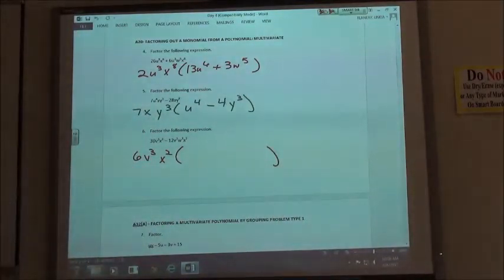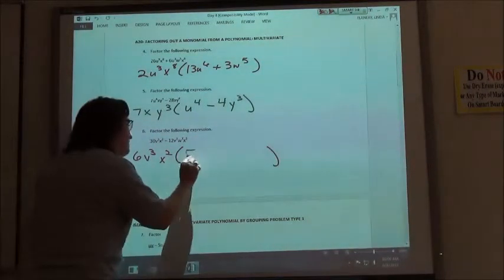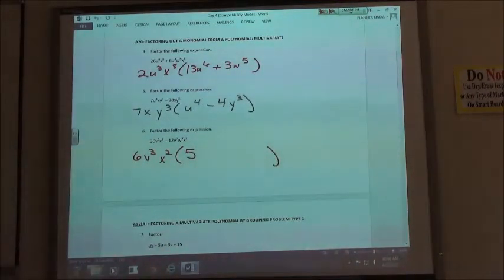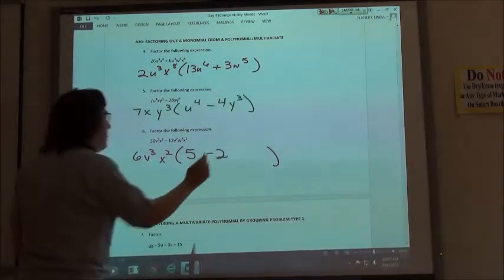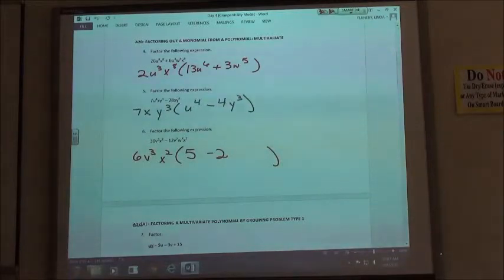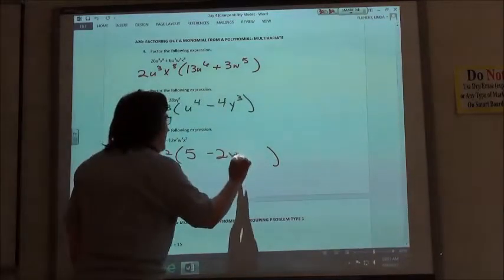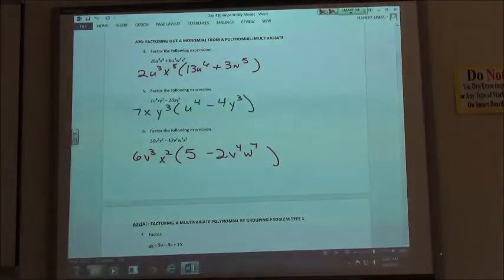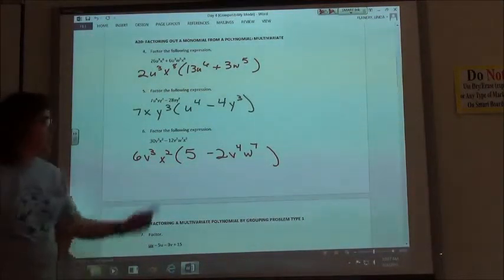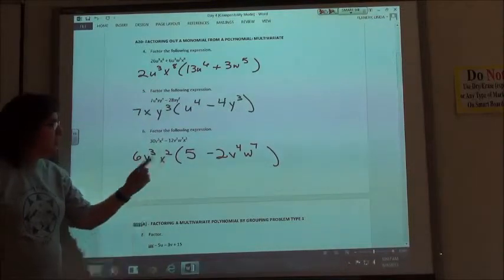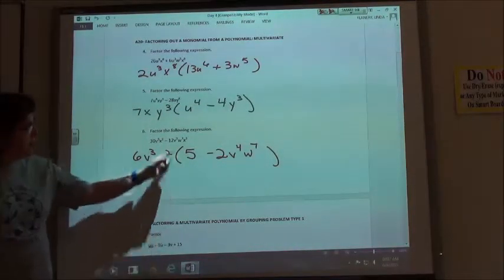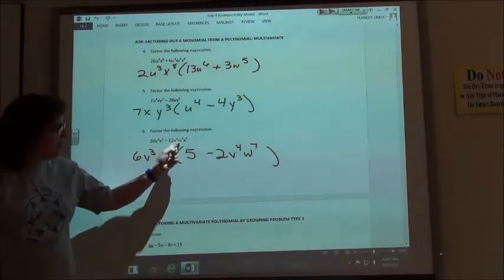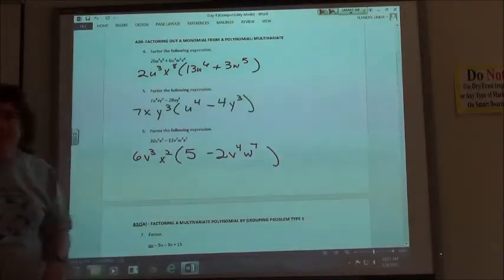So I'm left with 5 for my first term, minus 2 e to the 4th and w to the 7th. So again, we subtracted the exponents, didn't leave us any variables here. Here we had 4 left. That guy didn't take any of them out, and the x squared is gone.